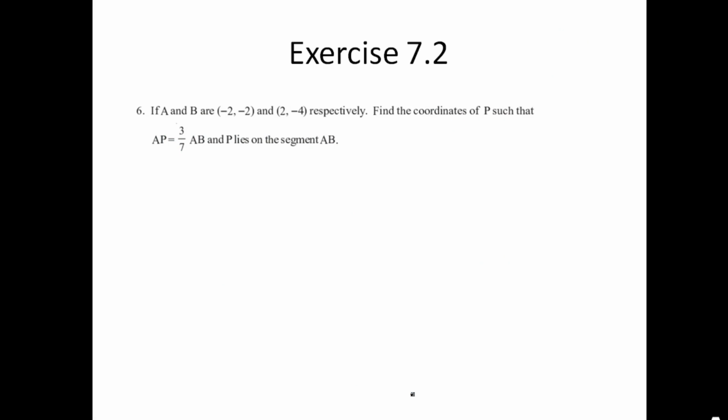Okay, let's see what this next problem shows us. You need to find two different points, A and B. This has to be A and this has to be your B value, right? This is your 2 comma minus 4. A value is taken as minus 2 comma 2. If you look at this condition here, we have some ratios, right?